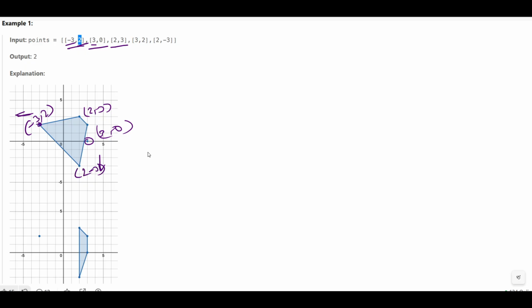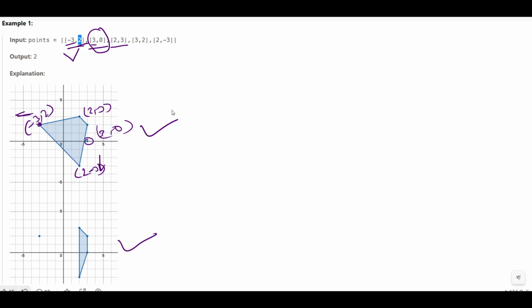If you observe, we have discarded this 3 0 here, and then we have formed this array. Similarly, if you observe here, we are discarding this one this time, and we are forming this trapezoid. All the other points you can see, only this point we are not considering, and then we are forming the trapezoid.